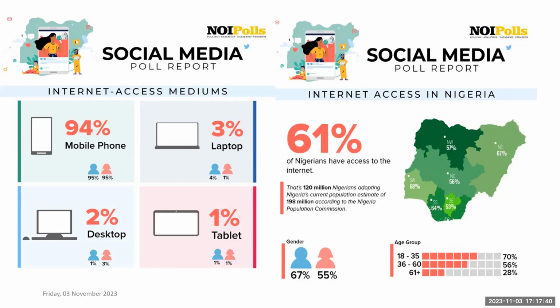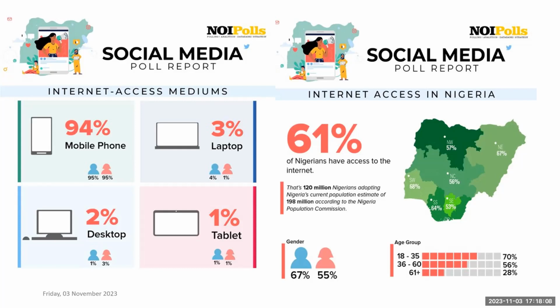Now, the interesting thing is you ask yourself, who are these 61% of Nigerians that have access to the internet? 67% of them are men. 55% of them are women. You can see that about 45% of women do not have access to the internet. Only about 120 million Nigerians, of our population of presently over 200 million, have access to the internet.